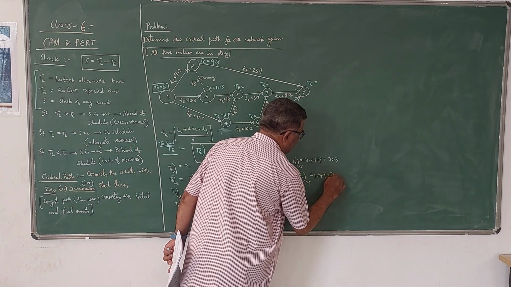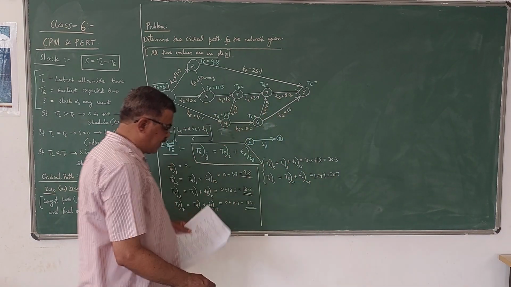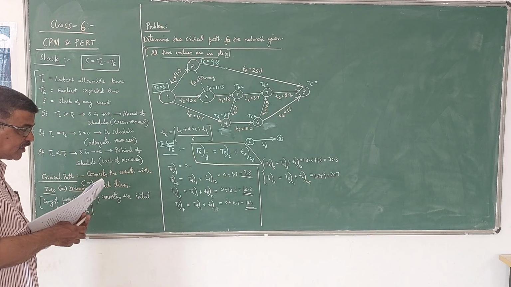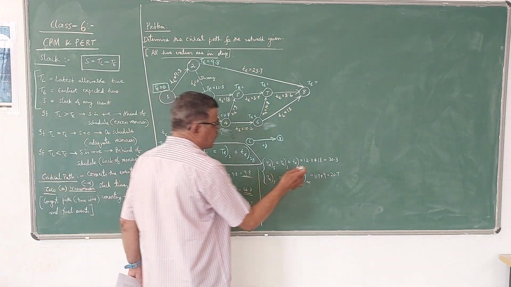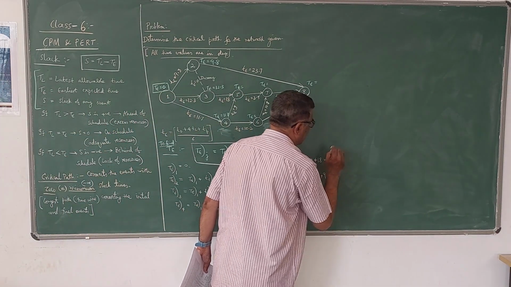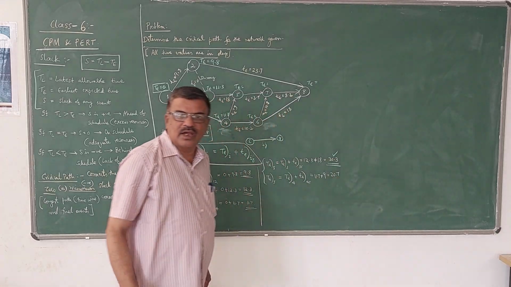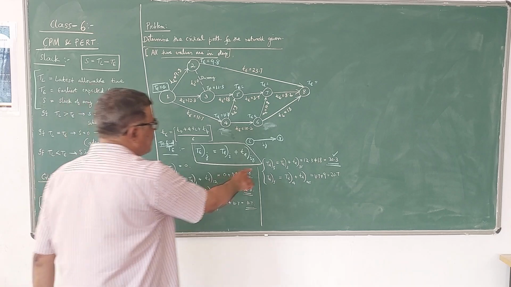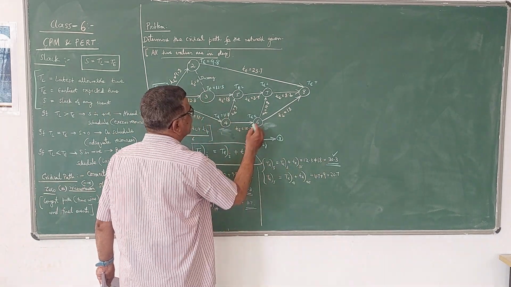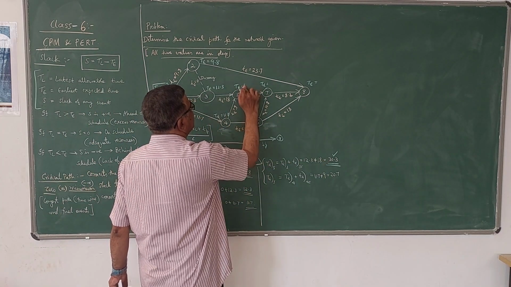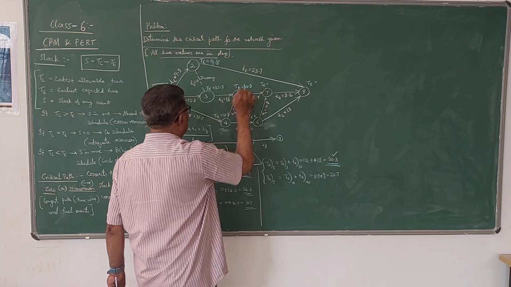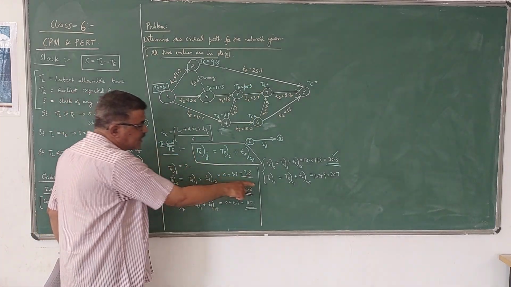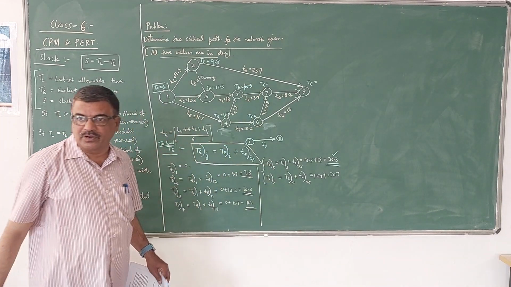So it is 20.7. Now among these two, we have to take the higher value. I have told you that when you are finding capital T, so this TE5 is now 30.3. When you are calculating capital T, we have to take the higher value among the paths.